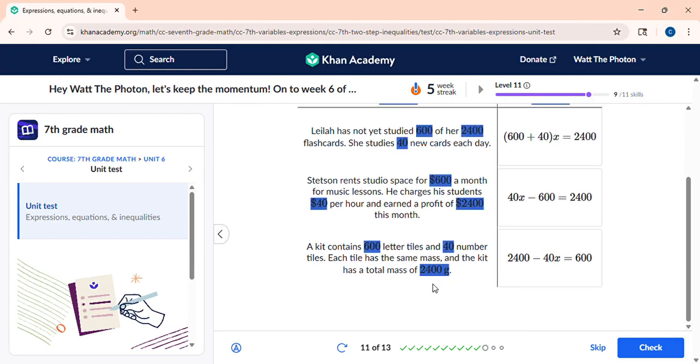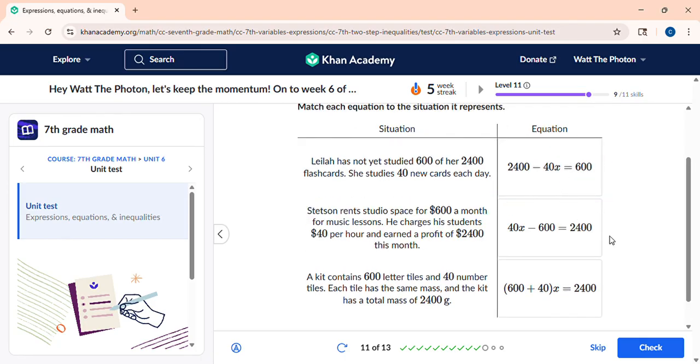A kit contains 600 letter tiles and 40 number tiles. Each has the same mass. So as X grows, she studies the number gets smaller and smaller.